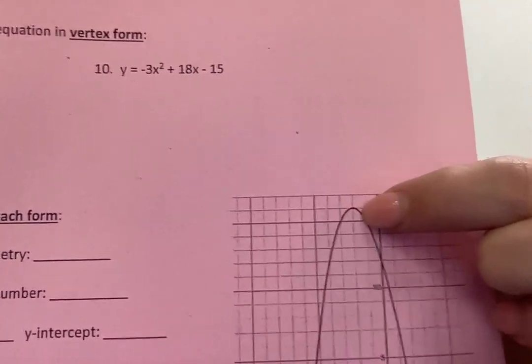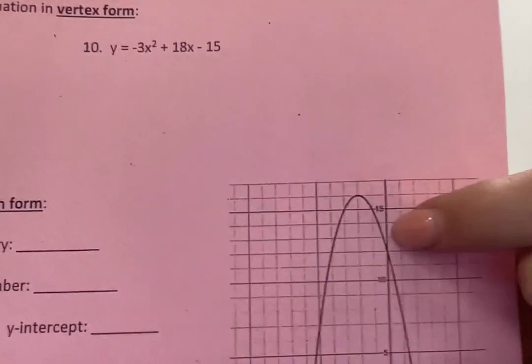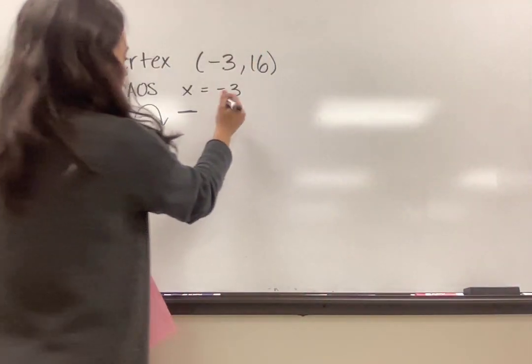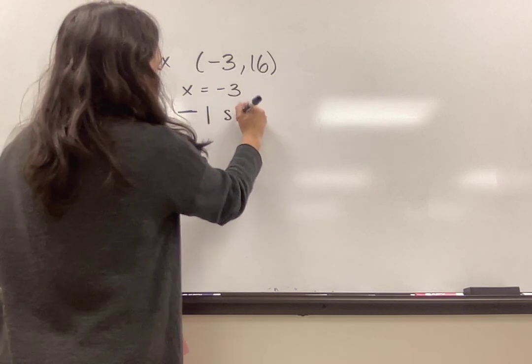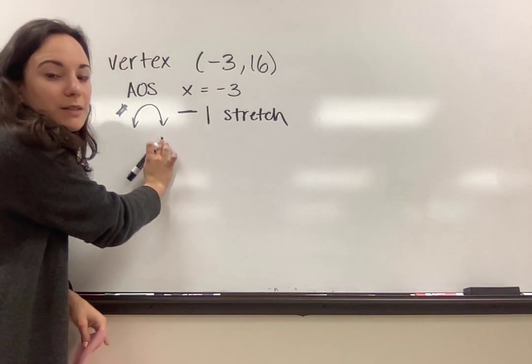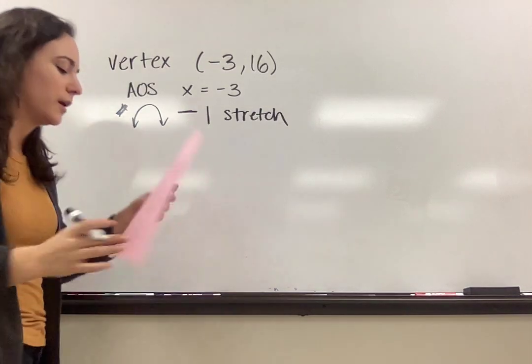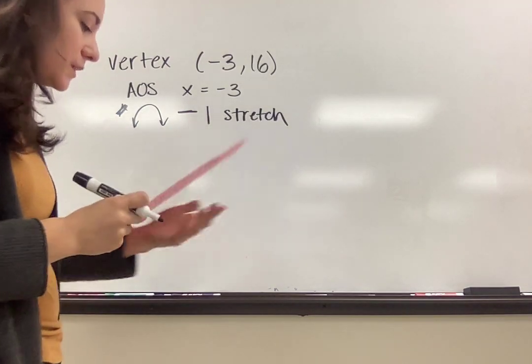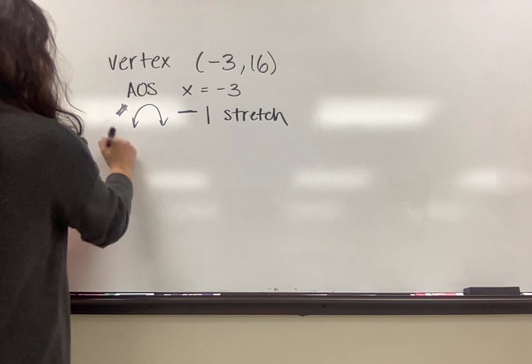When I go over 2, 1, 2, 1, 2, 3, 4. It looks like I just have a stretch of 1 because I'm not any wider or narrower than a normal parabola. It's 1 stretch, and since I'm flipped upside down, it's negative 1. Okay. X-intercepts and y-intercepts.